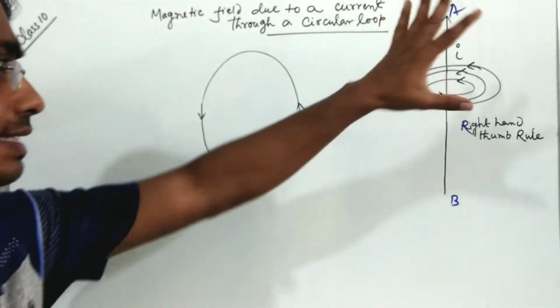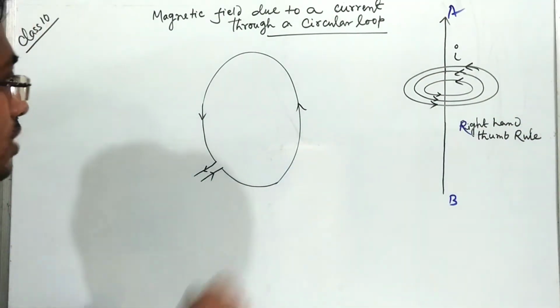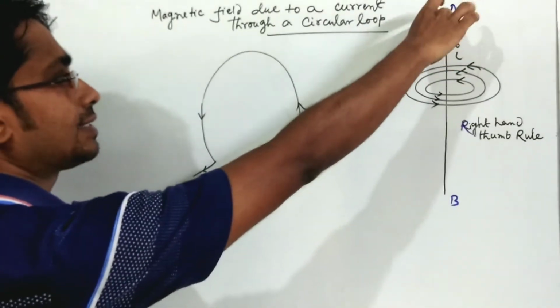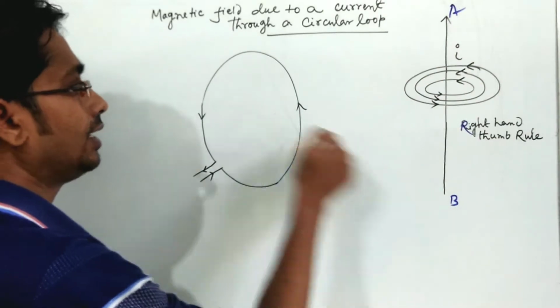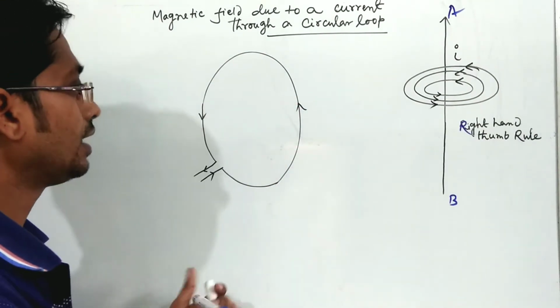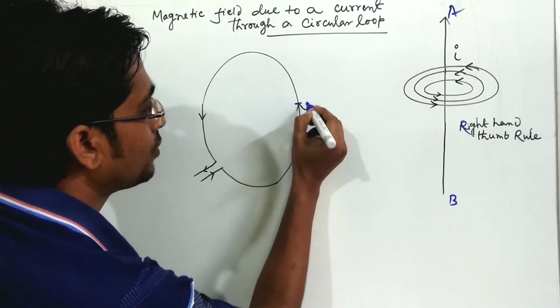Now this concept will apply here. Suppose we have bent the straight wire in the form of a circle. Now you can understand, suppose this is the CD part.